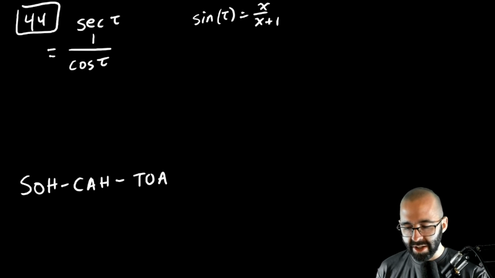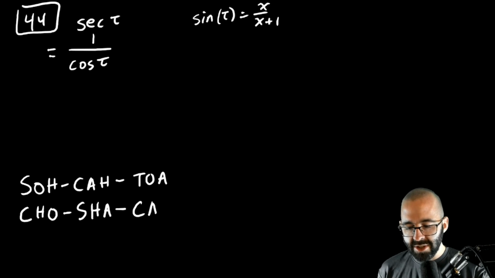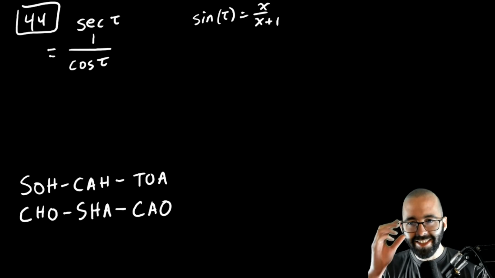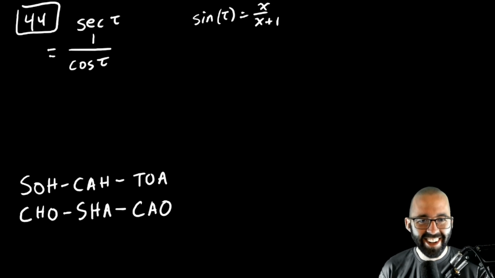So the cosecant is the hypotenuse divided by the opposite. The secant is the hypotenuse divided by the adjacent. And the cotangent is the adjacent divided by the opposite. Cho sha shao.